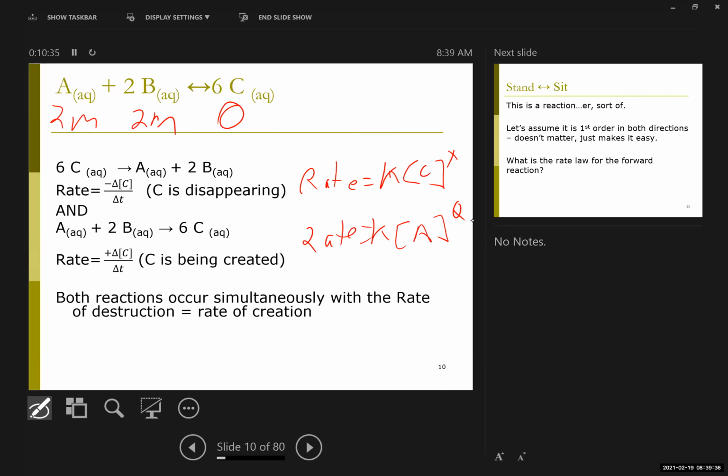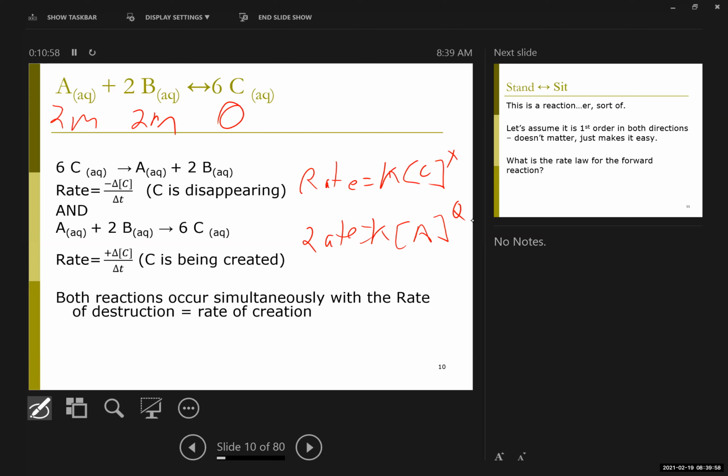And so you get eventually to the point where the forward and reverse rates are equal, right, by balancing the concentrations, so that ultimately my rate of creation of the product here, C, is the same as my rate of destruction. Right?